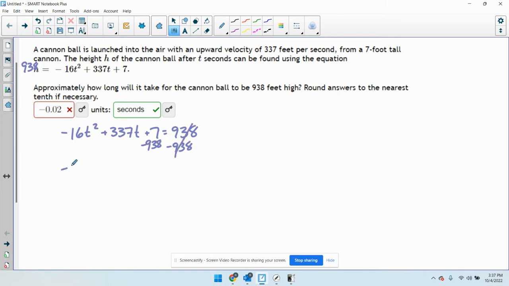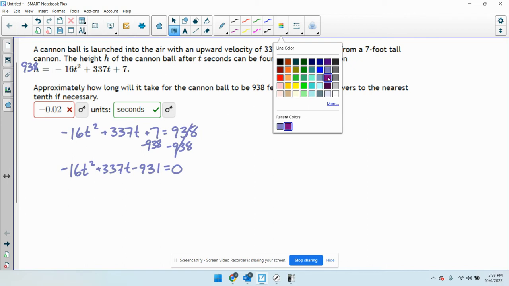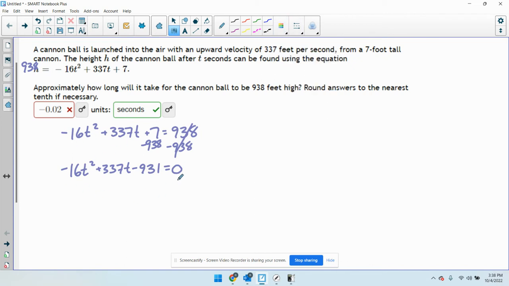So I'm left with negative 16t squared plus 337t minus 931 equals 0. I have to use the quadratic formula because I cannot factor this. So I'm going to plug my A, B, and C values into the quadratic formula.